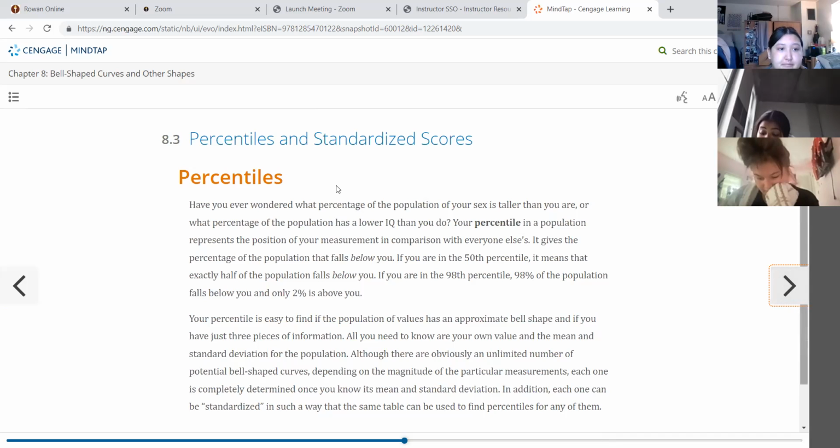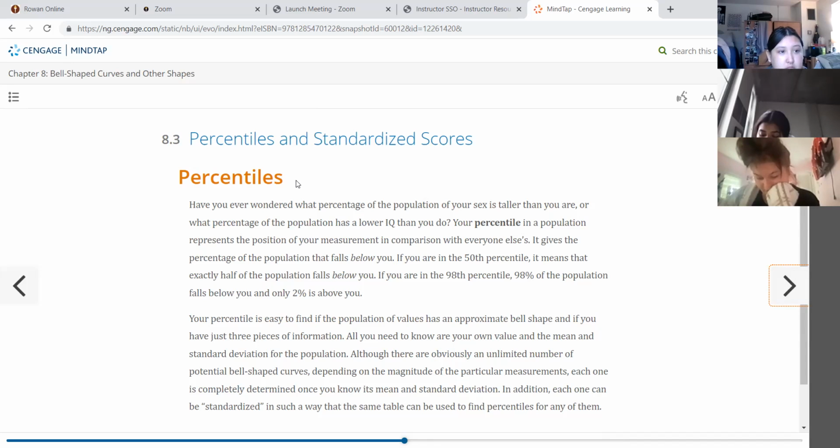Now, percentiles. What does percentile mean? Percentile means the percentage of the data that's less than that number. So let's say you took the SATs and scored a 500 on the math, and they said that is the 60th percentile.